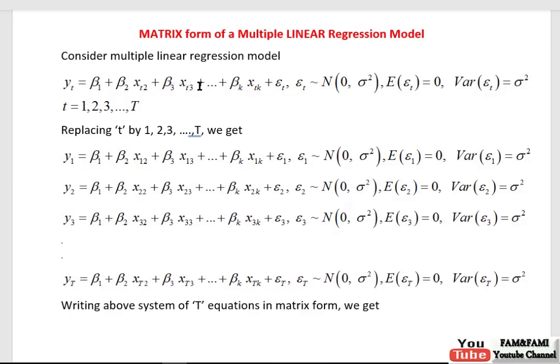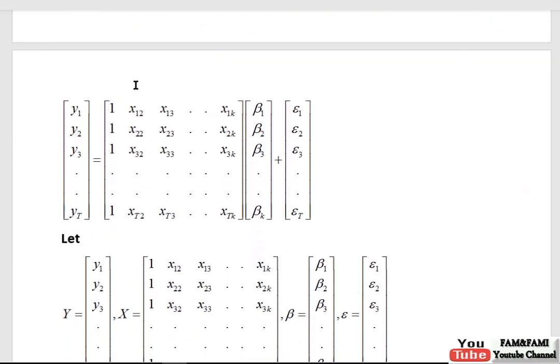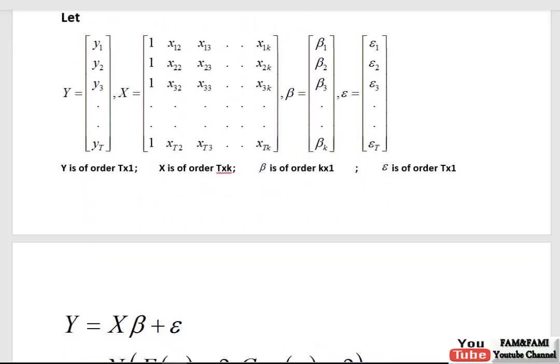So it means when you transform this model into matrix notation, you will have 3 columns now. The third column is an additional column for the third regressor. So its dimension or order will be t rows and 3 columns. So this will be t cross 3 now. And there will be 3 betas. So the order of beta will be 3 cross 1.